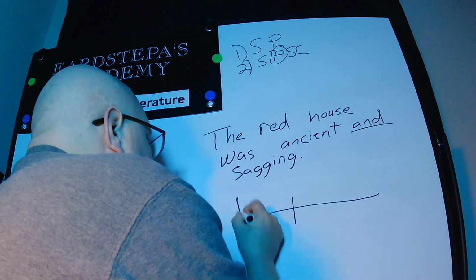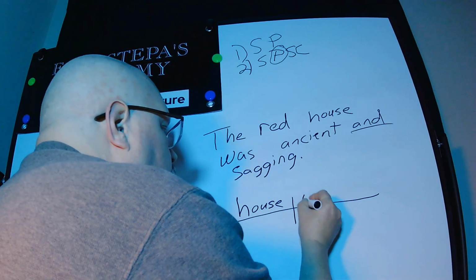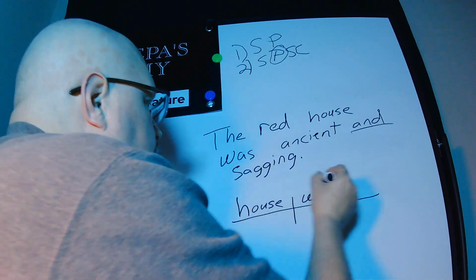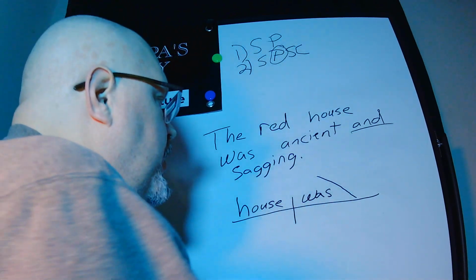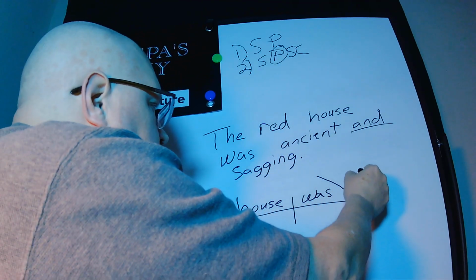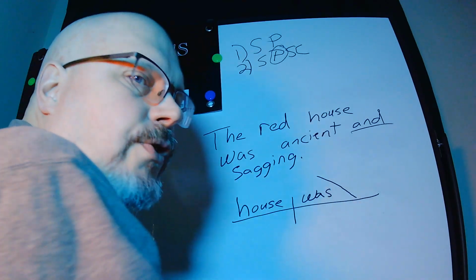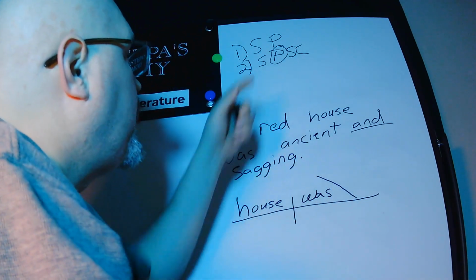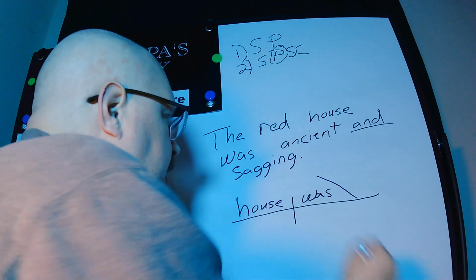House is our subject. Was is our predicate. Was is a linking verb, so we do the backslash. This is important to make sure it's a backslash, because when we get to the next type of sentence, it's going to be a line that goes straight up and down. We won't get into that today, but just get used to doing them, and thinking about them the way they should be.